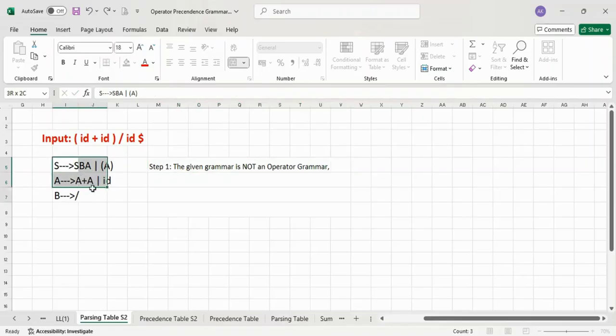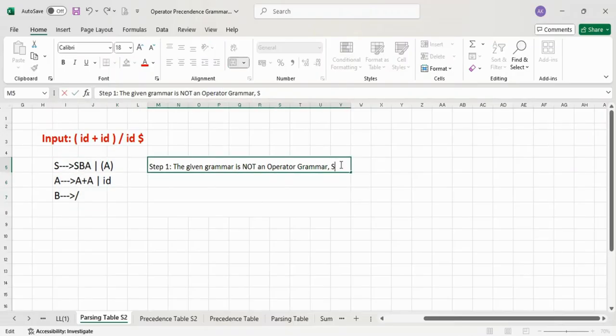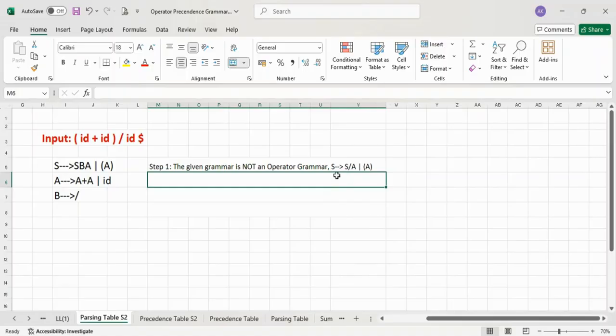If you observe in this example, I can modify my grammar into an operator grammar by replacing B with its production. So my new production will be S, B replaced by its production, and the remaining production will be as it is. So this is how my grammar is updated to an operator grammar.